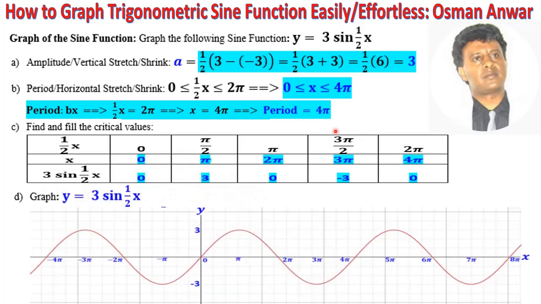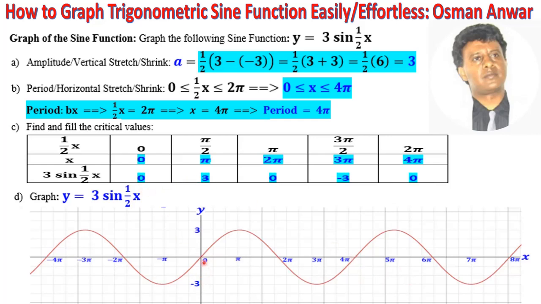Then we simply take these values and translate them into a graph. So the x values are 0, pi, 2 pi, 3 pi, 4 pi, and that's one complete cycle. From this point to this point is one complete cycle, and we have the values of y here.